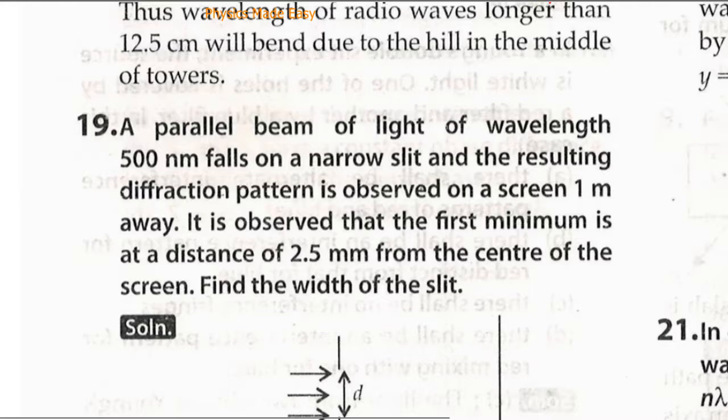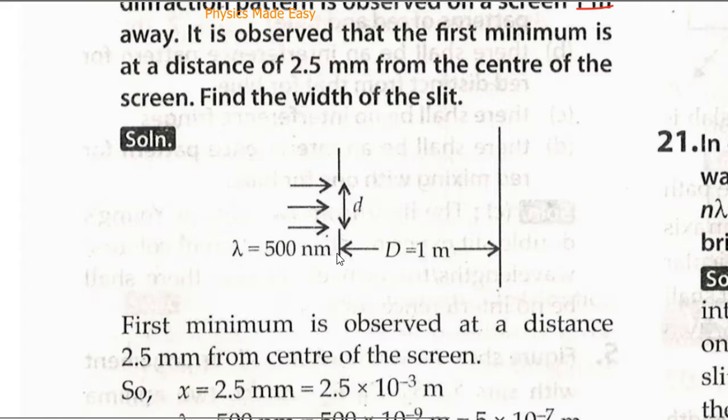The next NCERT problem: a parallel beam of light of wavelength 500 nanometer falls on a single slit, resulting in a diffraction pattern observed on a screen 1 meter away. So this is the screen 1 meter away, and this is the wavelength.